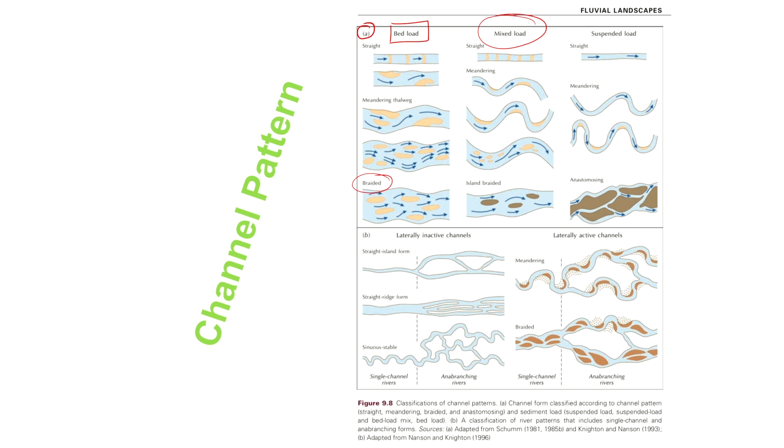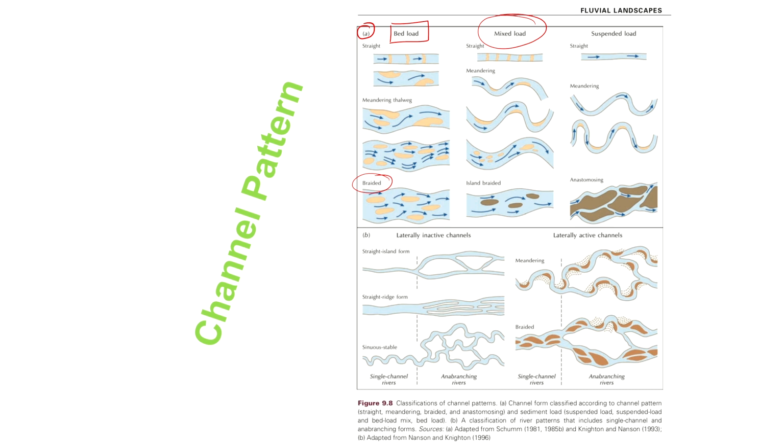And then further there's B, a classification of river pattern that indicates single channel and branching forms. So straight can result in a partially braided one, and sinuous channels can result in branching rivers, and single channel rivers can result in the other forms.